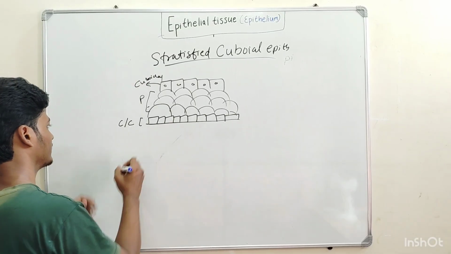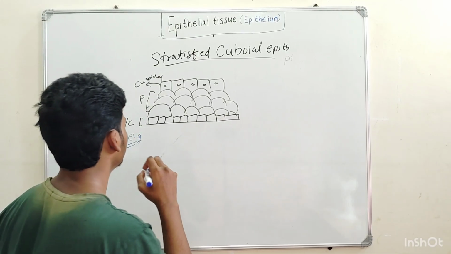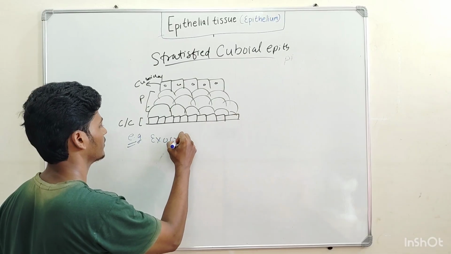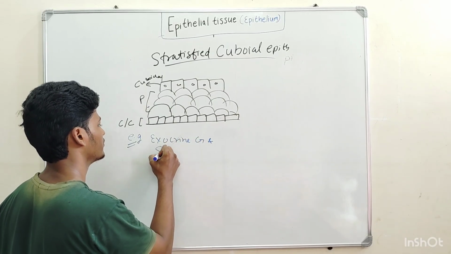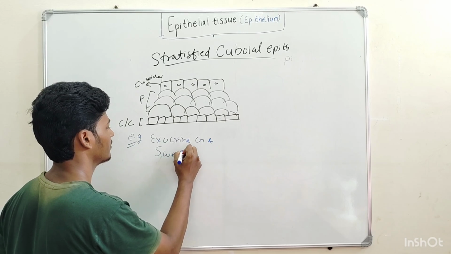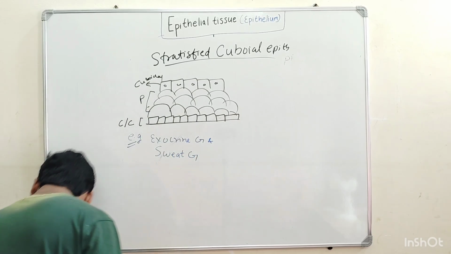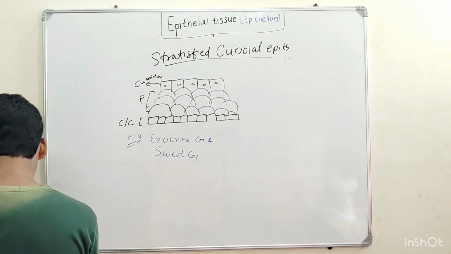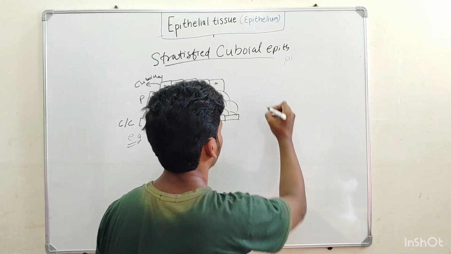And examples are the exocrine gland and sweat gland. Okay, I'm also feeling sweat. So this is the stratified cuboidal epithelium.